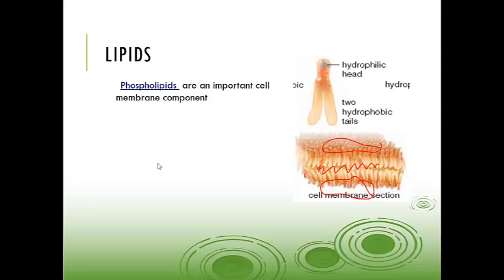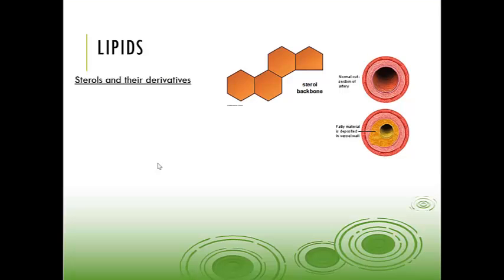So phospholipids are an important part of the membrane. You have 2 fatty acids and a glycerol here, and a phosphate. So unlike your lipid that has 3 fatty acids plus a glycerol, in a phospholipid, you only have the 2 fatty acids plus a glycerol, and you have your phosphate.